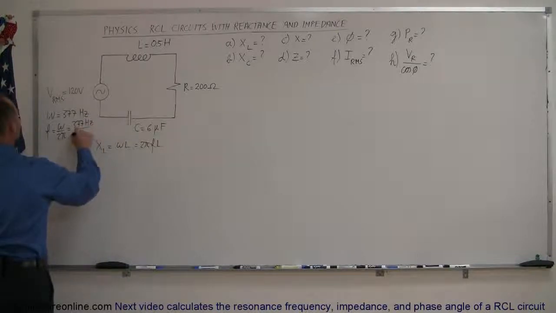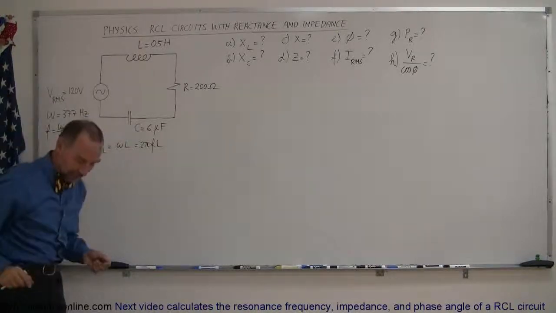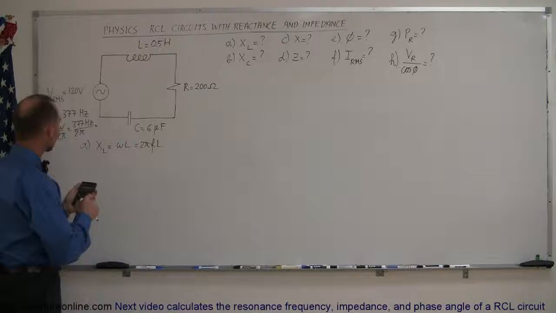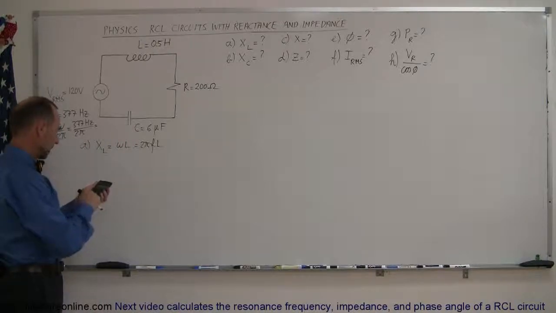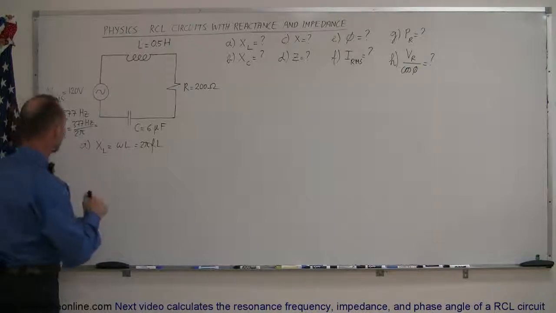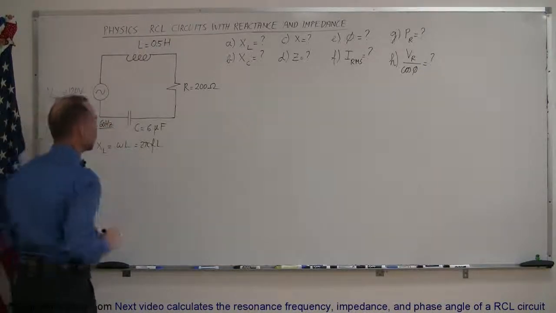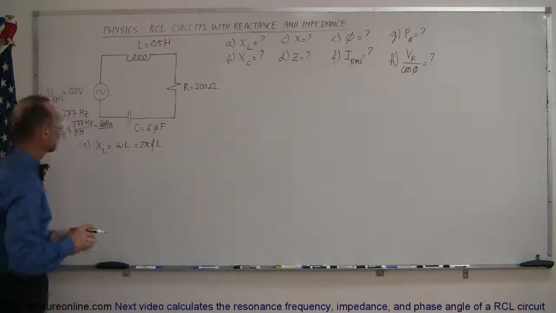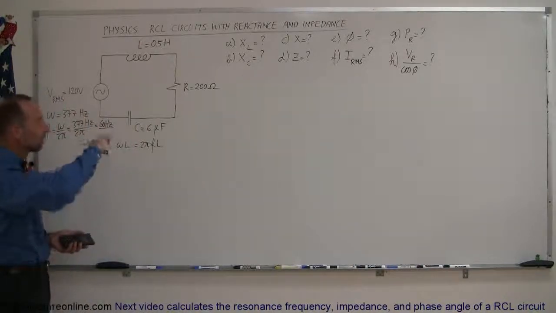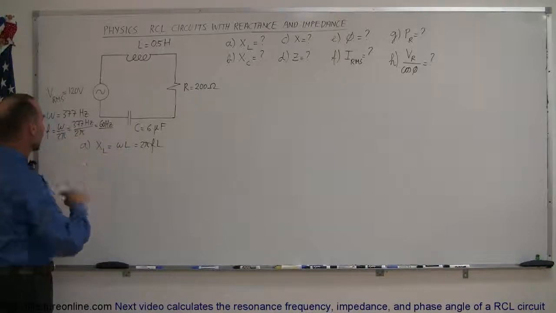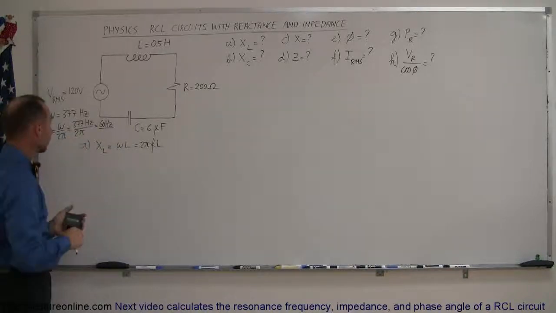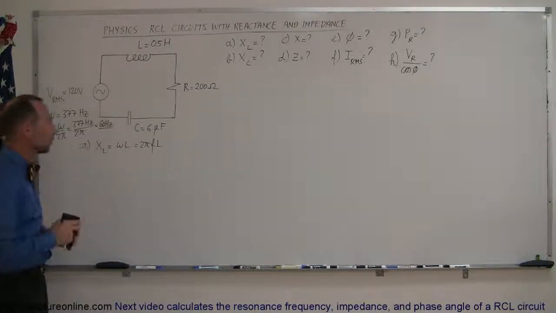So let's take 377 and divide it by 2 and divide it by pi, and you get 60 hertz. Okay, so that would be the cycle frequency of the voltage. So the voltage is varying 60 times per second, 60 cycles per second. You can also say that's equal to an angular frequency of 377 hertz.